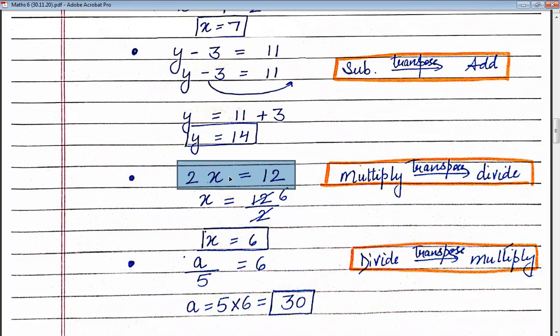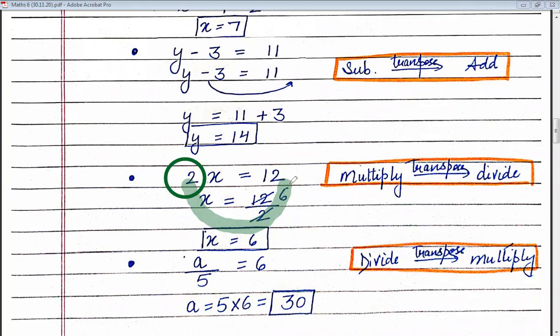Okay, so now let's see. Here you are having 2. Now we have to get rid of this 2. So you have to send 2 to the another side, on the right hand side.